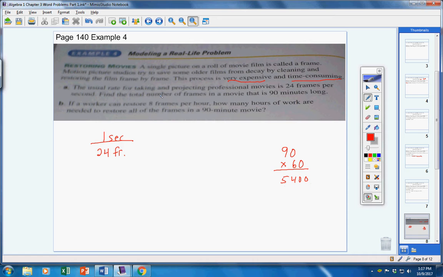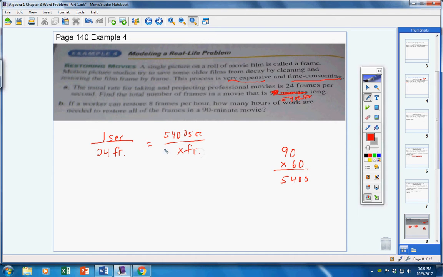So, when they ask you the total number of frames in a 90-minute movie, that's the same thing as saying, what's the total number of frames in a 5,400 second movie. Okay? So, if 1 second equals 24 frames, then 5,400 seconds equals how many frames?